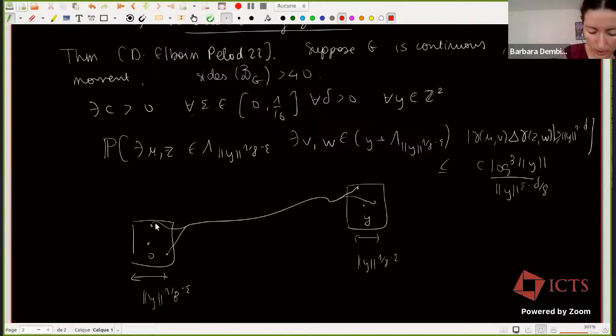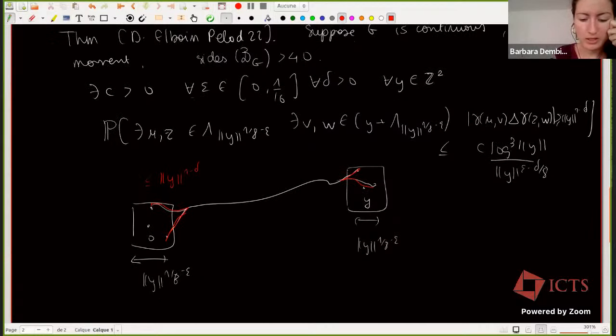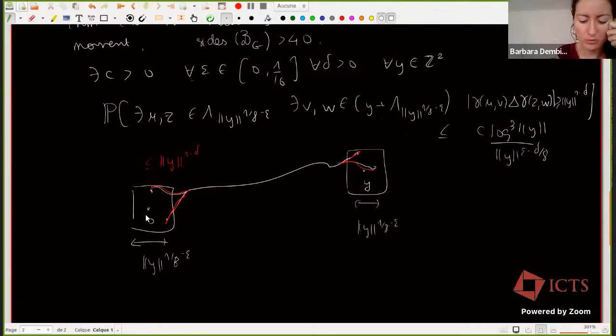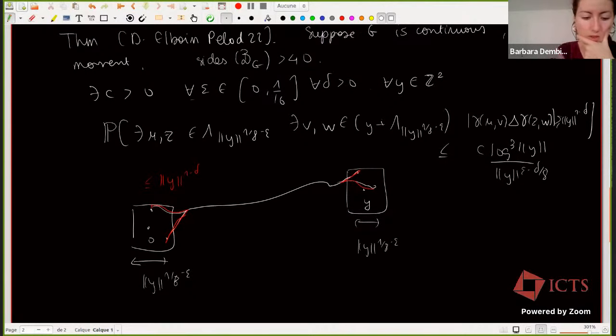The portion where they are different is really negligible compared to the distance between their endpoints. They join really fast along this highway, and they split only at the end. So this is what this theorem says: you have a good probability that all the geodesics starting here and ending here coalesce really quickly. This is our first theorem.